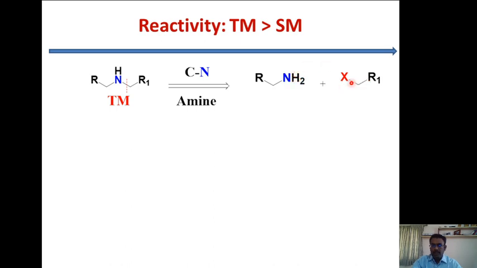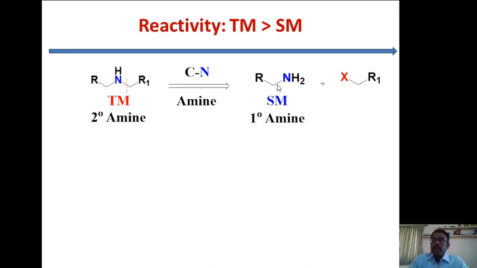It will replace the leaving group, making this bond in the forward reaction. When you disconnect one side of this secondary amine, the starting material will be a primary amine.